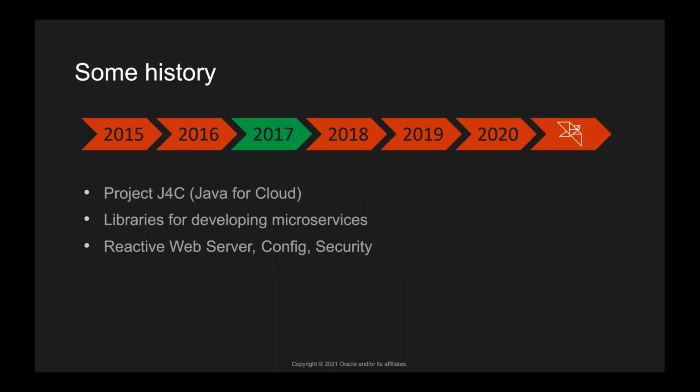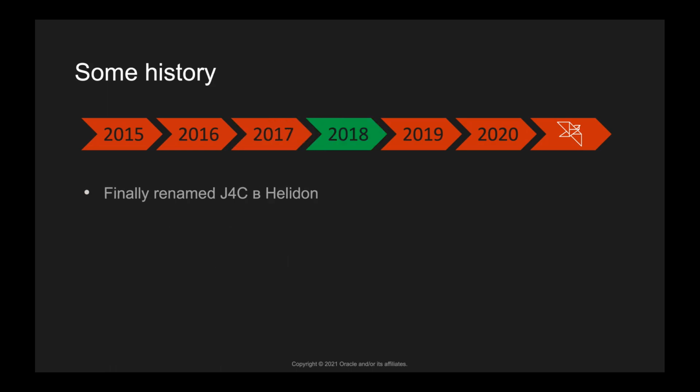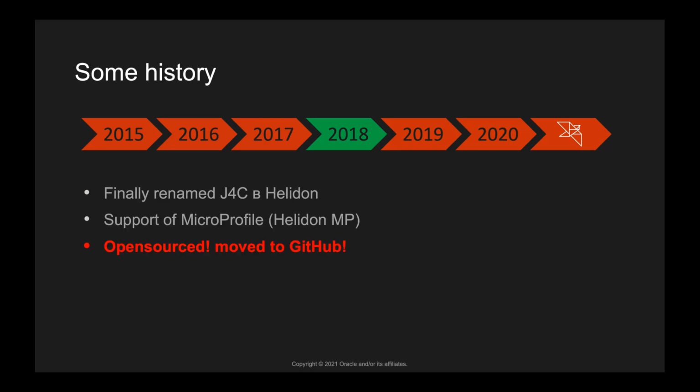In 2017 it was renamed to Project J4C, and that was the foundation of the so-called Helidon SE that we'll see a little bit later on. Finally, it was renamed to Helidon. It fully supports MicroProfile, and it was open sourced and moved to GitHub. And back in 2018, it was first publicly released with version 0.10.